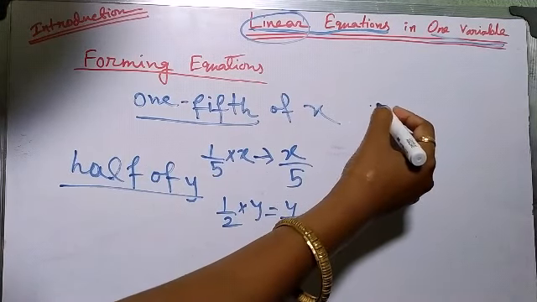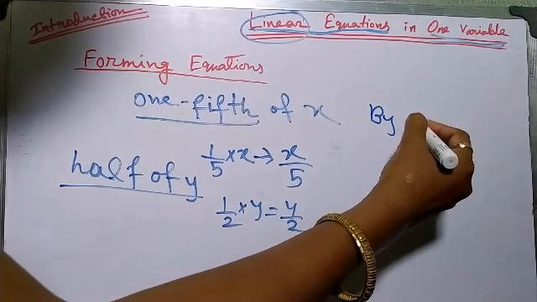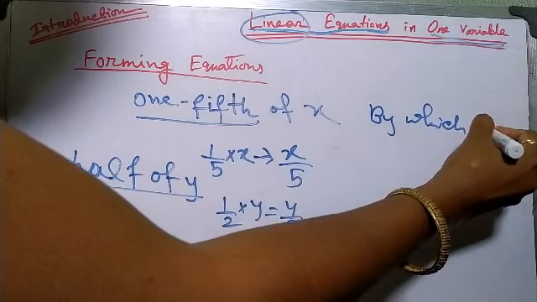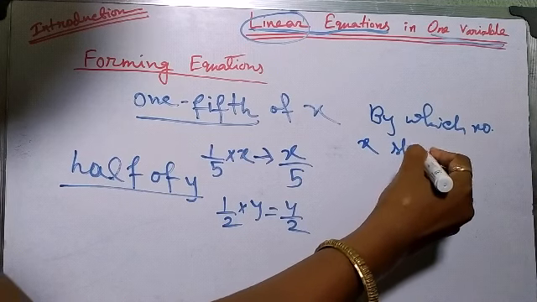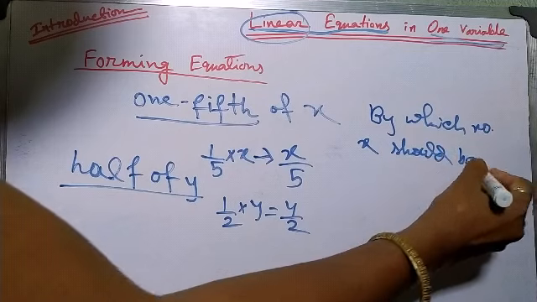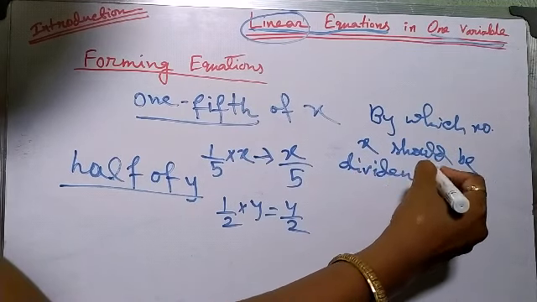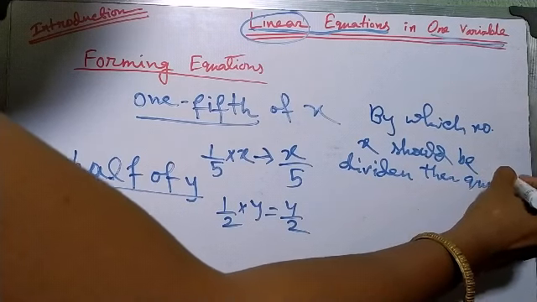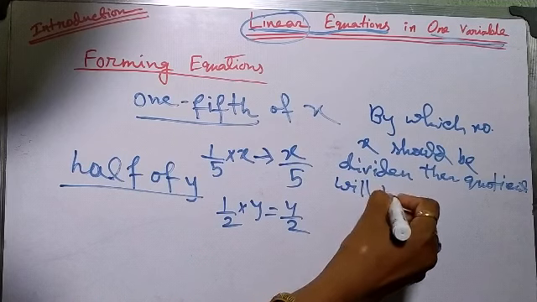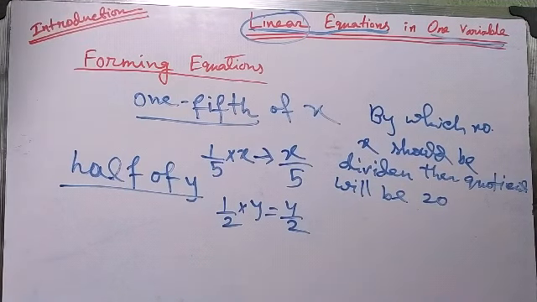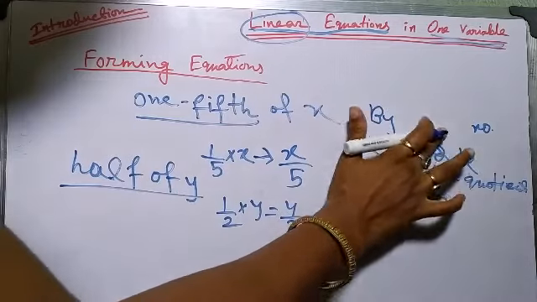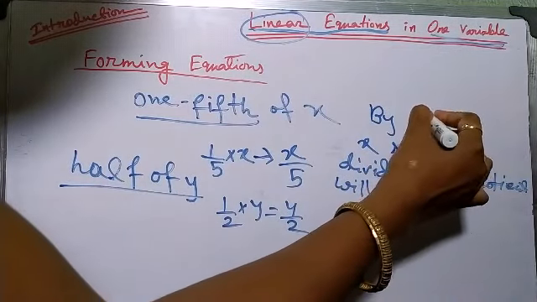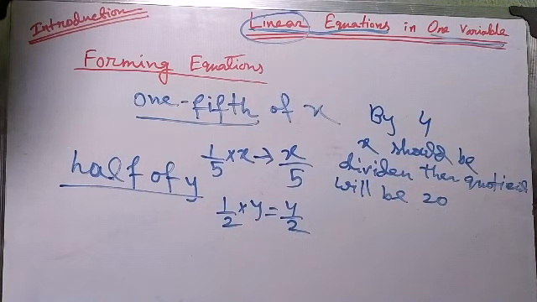Suppose by 4, x should be divided, then the quotient will be 20.